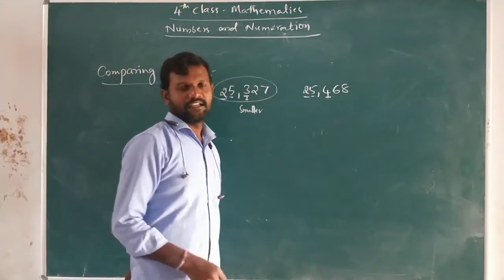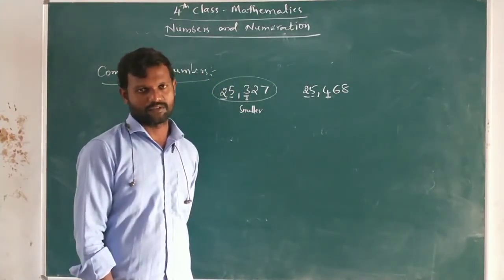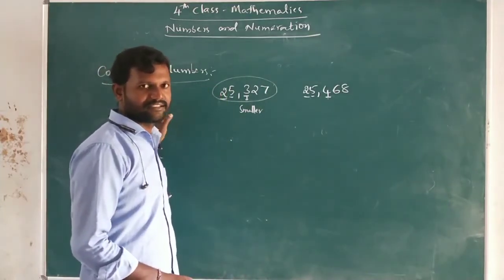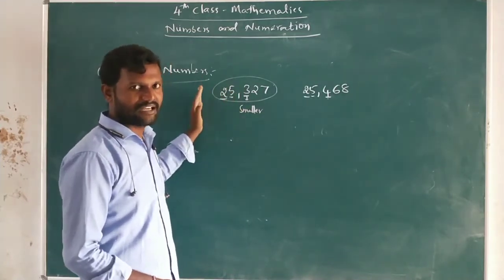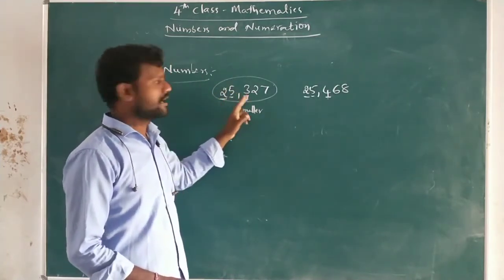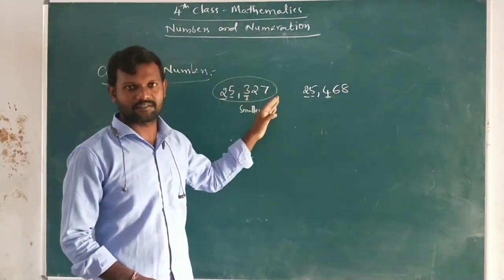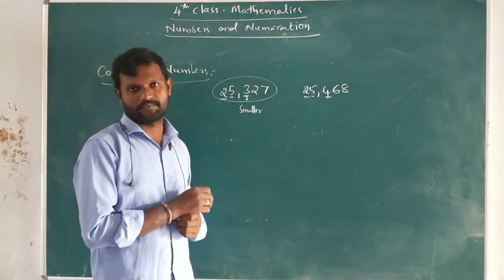In this way, we can identify the greatest and smallest number. We start from the leftmost digit, whether it is 10,000s or lakhs or thousands, and observe whether the digits are the same. If they are the same, go to the next one. If they are not the same, identify which is bigger and which is smaller.